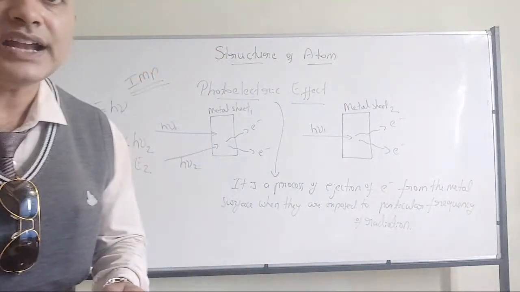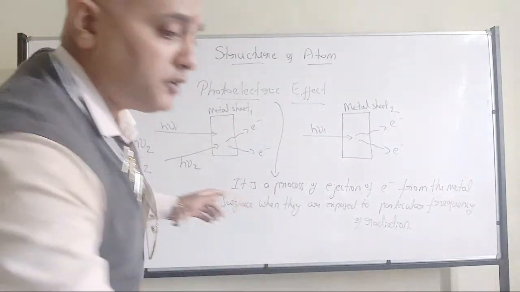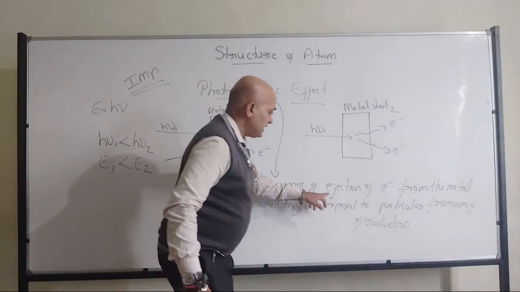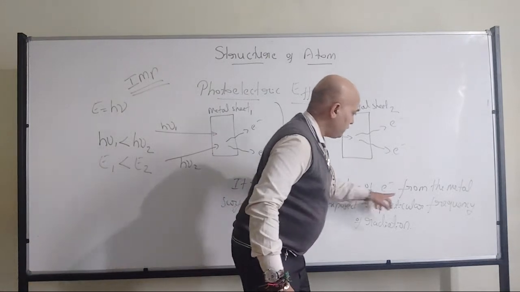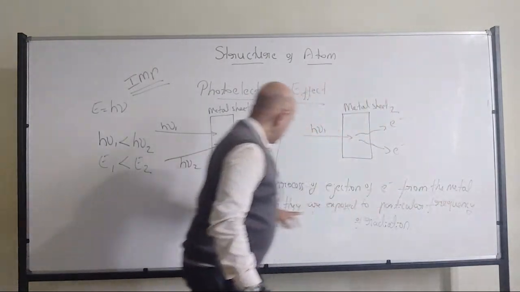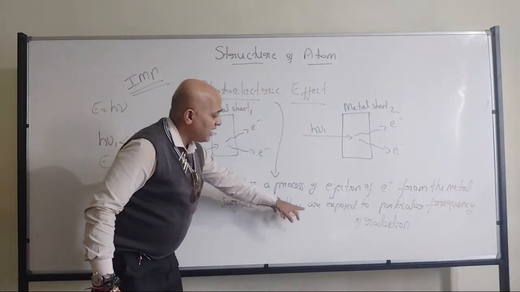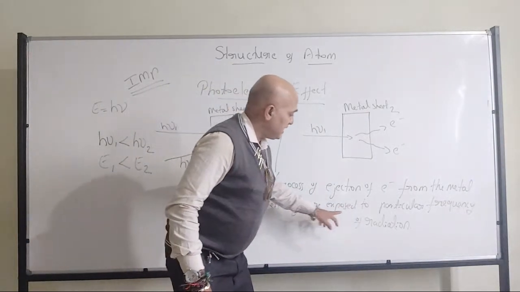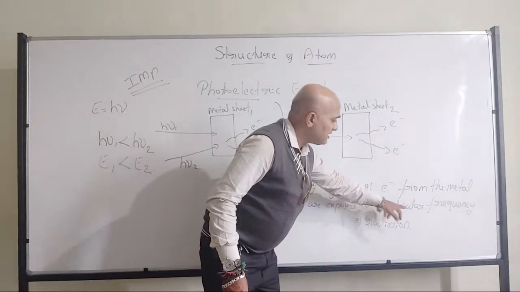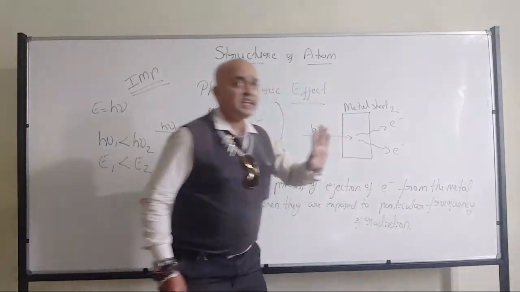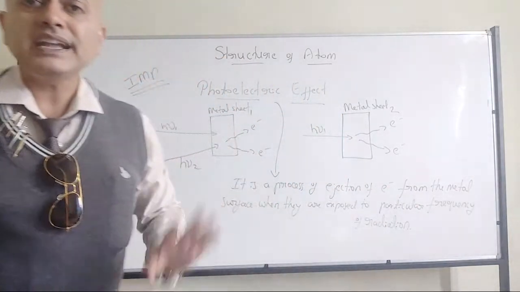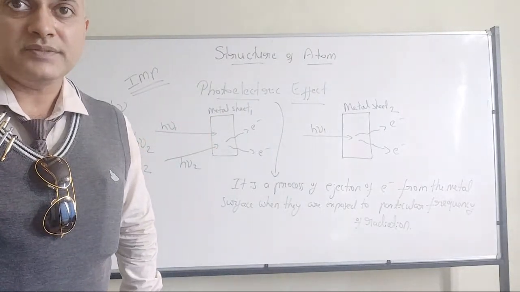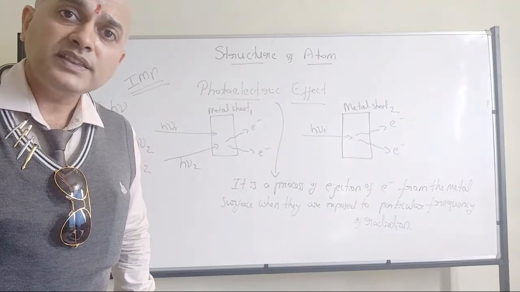All of you are understanding? So what do you mean by photoelectric effect? It is a process of ejection of electron from the metal surface when they are exposed to a particular frequency of radiation. That's what we can give as the statement, the definition for photoelectric effect. All of you have understood?